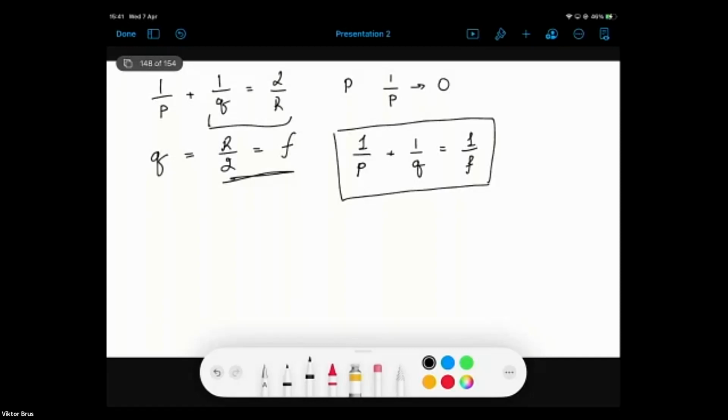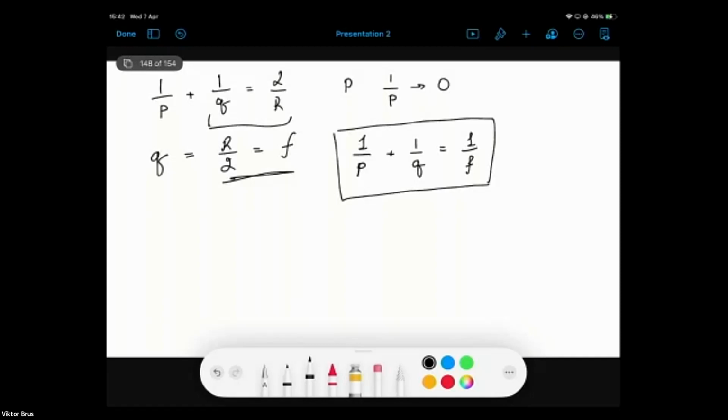So now we can consider another possible spherical mirror, when reflection of light happens from the outer convex surface of the mirror.